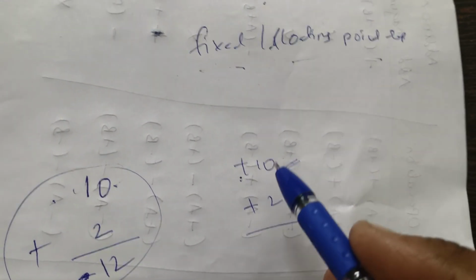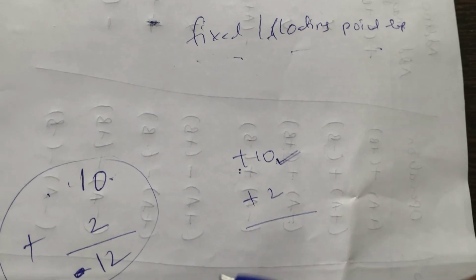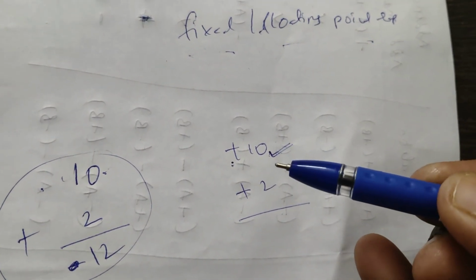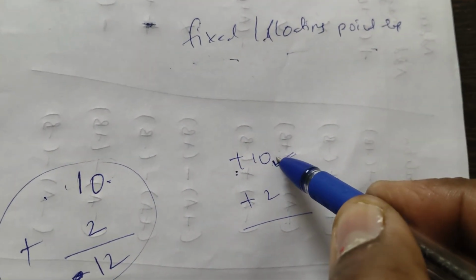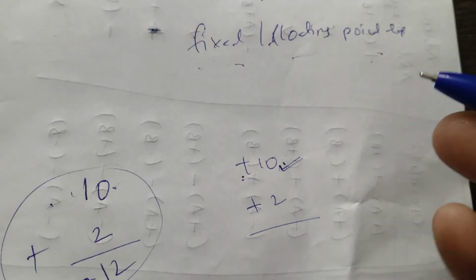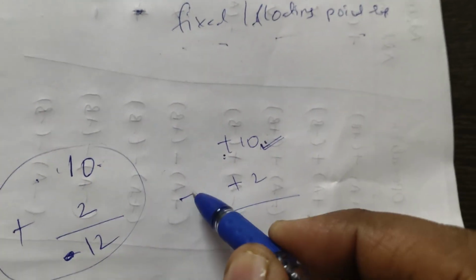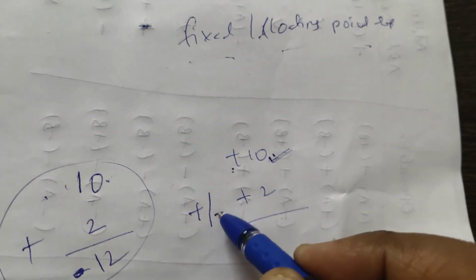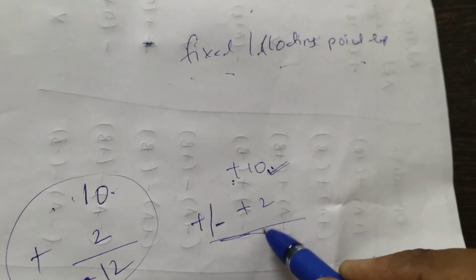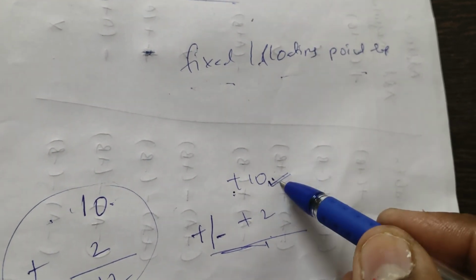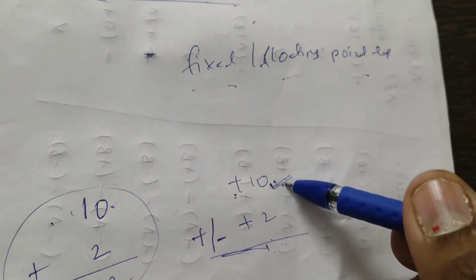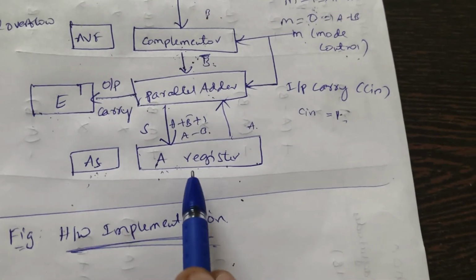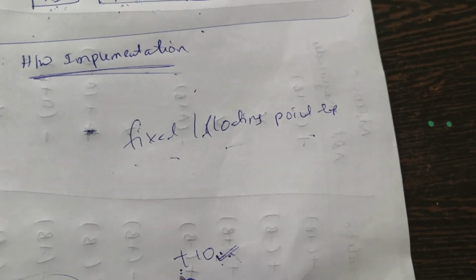Now we are going to design a hardware implementation for this sign magnitude data, for whatever operations we are performing, either addition or subtraction. In order to perform addition and subtraction of two signed numbers, we need two registers to store the magnitude values as well as the sign values.